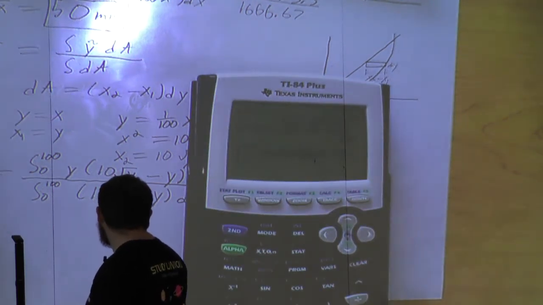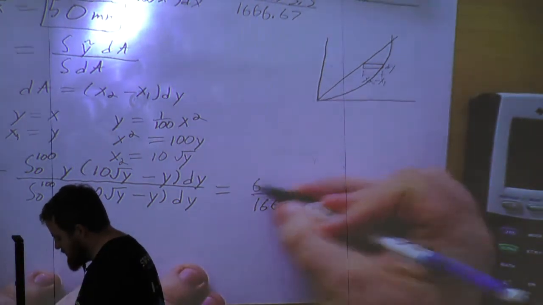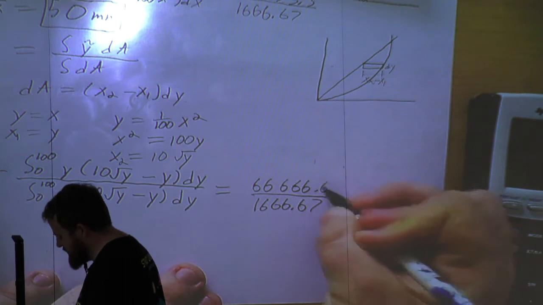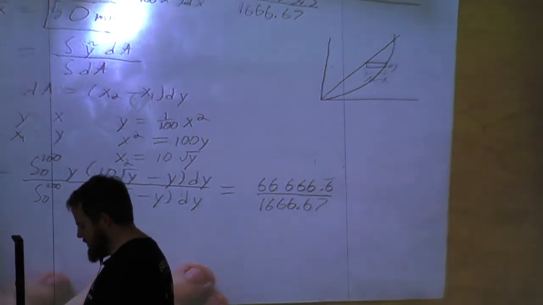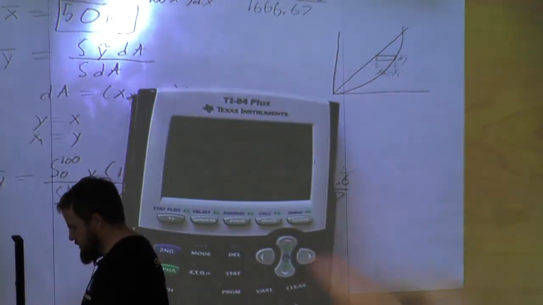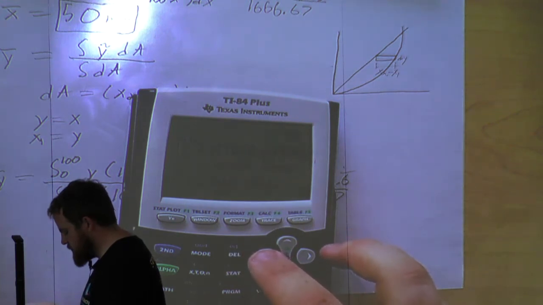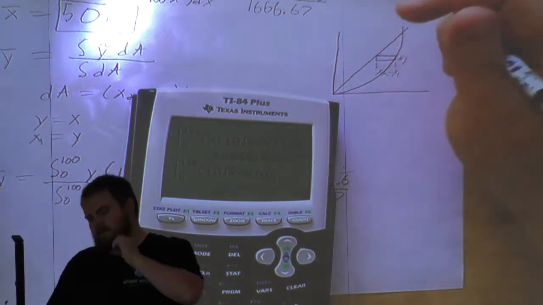And for some reason, it takes a while to calculate. Yes. So we get 666.6, repeating. And then if I take the top one and get rid of an x, we should get the same thing as the top denominator.